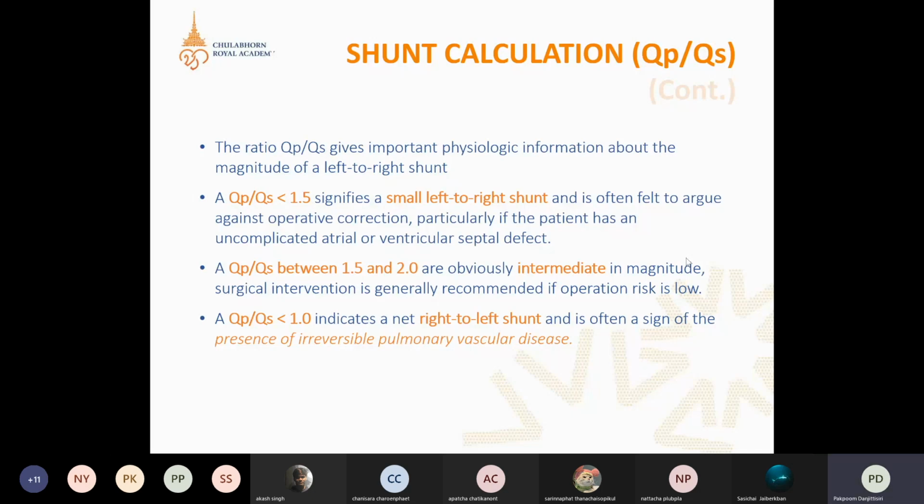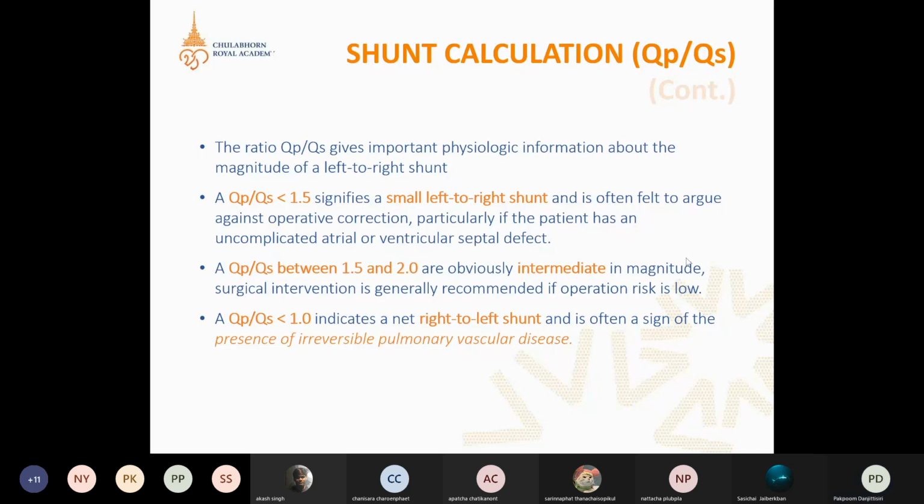That means the blood flow going to the pulmonary circulation is more than going to the systemic circulation. Just think from the equation, the ratio QP to QS. If the QP is less than QS, the flow going to the pulmonary is lesser.